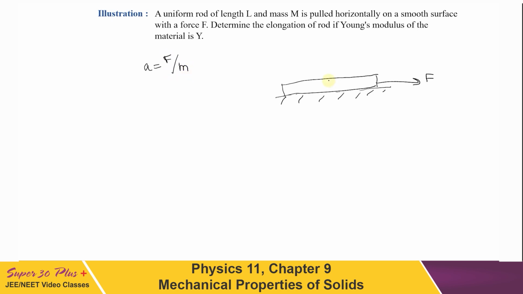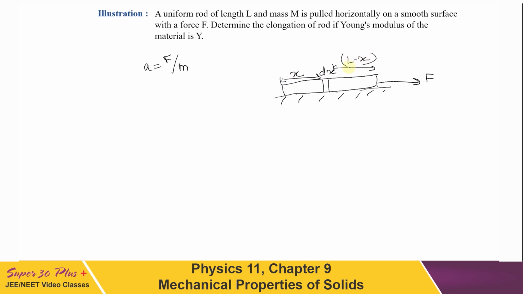So if we consider one small cross section here which is having length dx, from the free end its distance being x, of course from the other end the distance will be equal to L minus x.